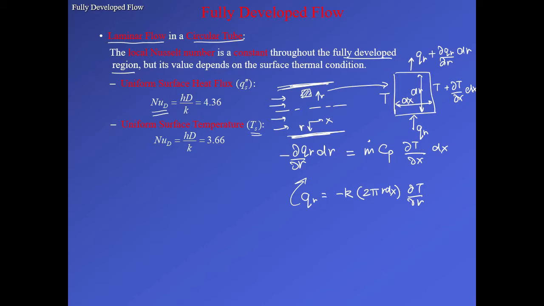So when we substitute equation number 2 in equation number 1, we will get a differential equation for temperature, which can then be solved, and then you can calculate on the surface the Nusselt number, which is nothing but the non-dimensional gradient in temperature, which you can calculate using del T by del r at r equals r naught.